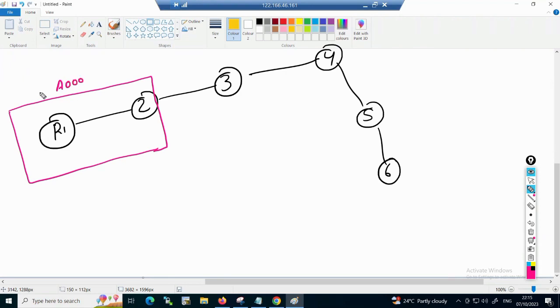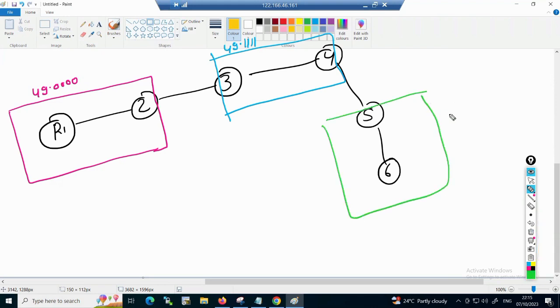So 49 is my AFI and the area is 000. I can call it this way. In the same way, I can call this guy 49, the area 111. And I can call this guy 49.2.2.2.2. If you see one thing over here, what?